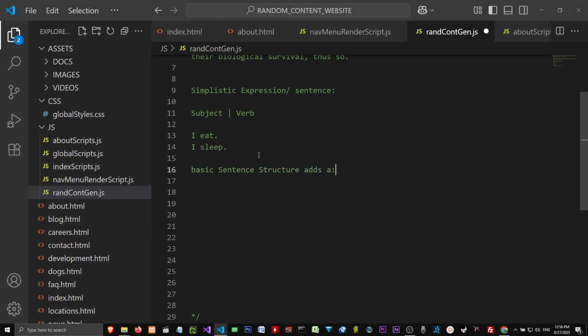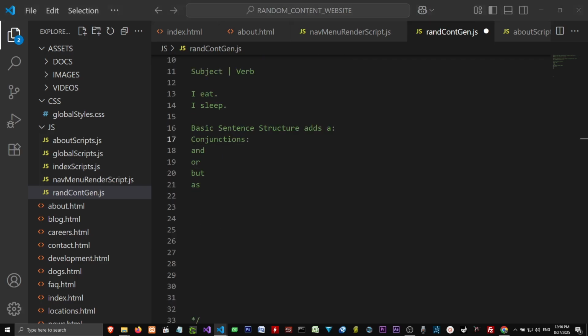So we need to get away from a basic sentence structure, and we can add things like a conjunction, which you learned back in school. Conjunctions, right? Like and, or, but, as, things like that. And for this discussion, I want to use and, all right?